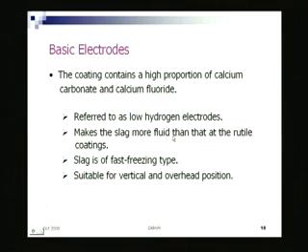It makes the slag more fluid than in the case of rutile coating. It is a more fluid slag. The slag is of the fast freezing type, suitable for vertical and overhead position. So, it is more suitable for vertical and overhead position.